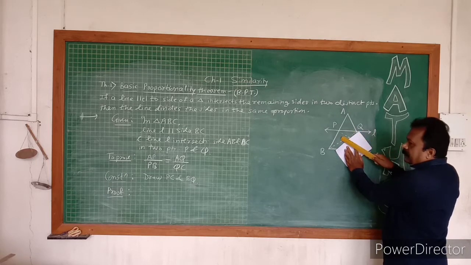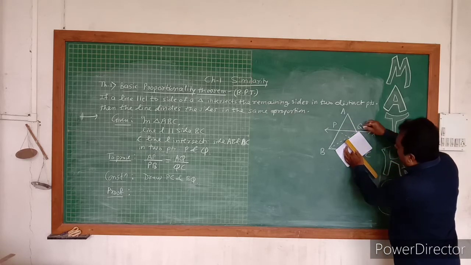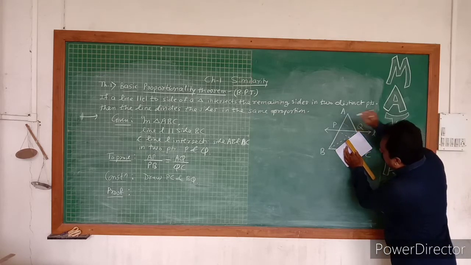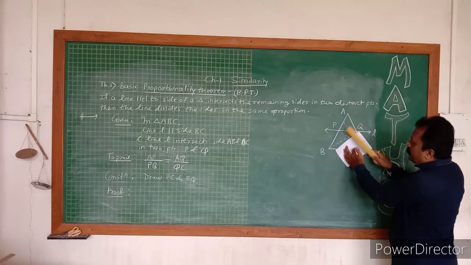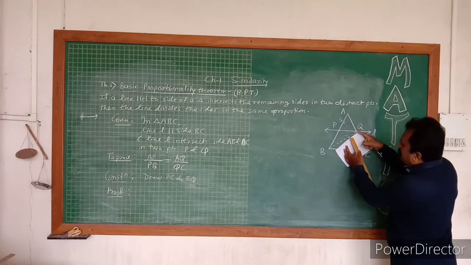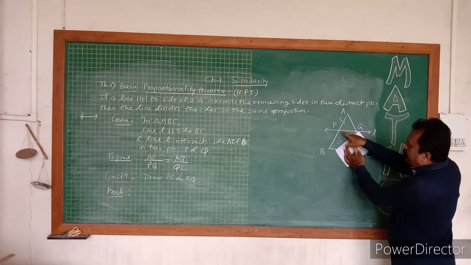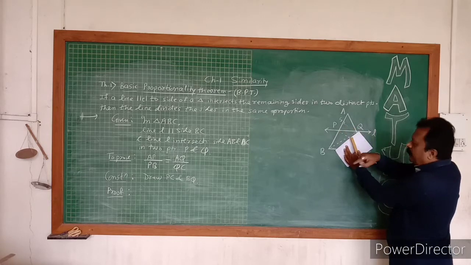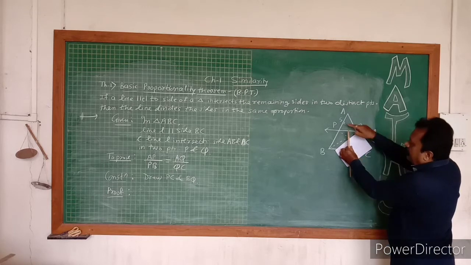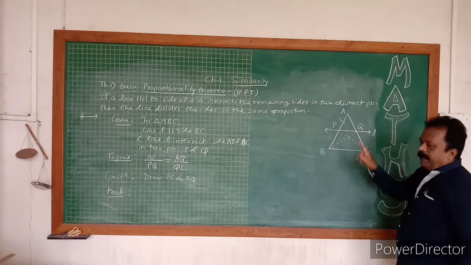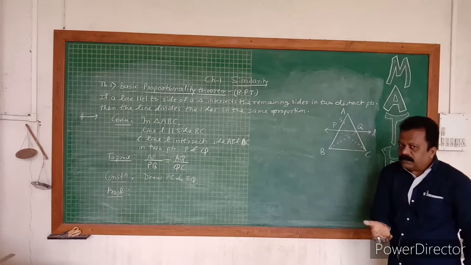Take the ratio of these. Which property do we have to use? In triangle APQ, suppose we draw one perpendicular height from Q, and I am calling the foot S. In triangle APQ, QS is the perpendicular height, and in triangle BPQ, QS is the height, because after extending this, you will get this height. Means same height. These 2 triangles have the same height. So their ratio is what?